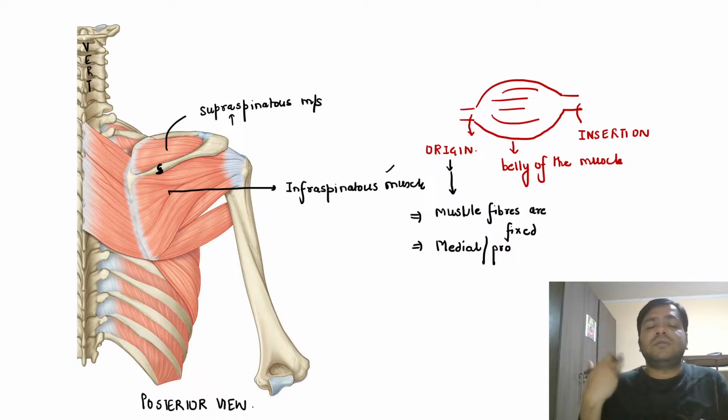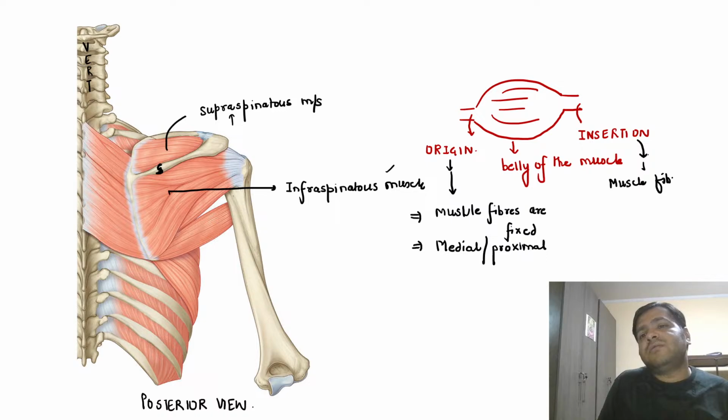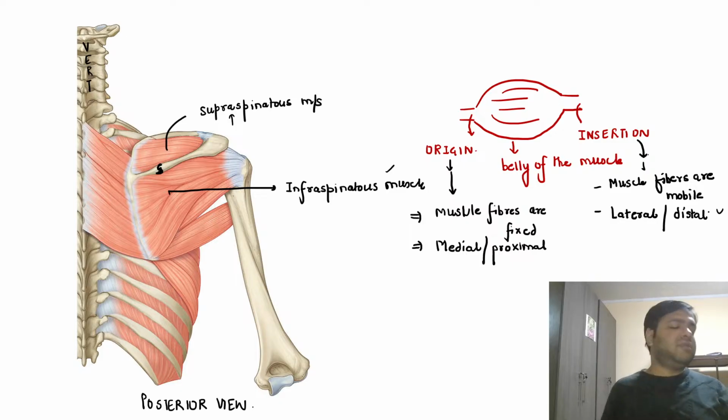Proximal means towards the center of the body or the one which comes first in the body. Whereas insertion is where the muscle fibers are mobile. Mobile means they can move, and the insertion is always lateral or distal.